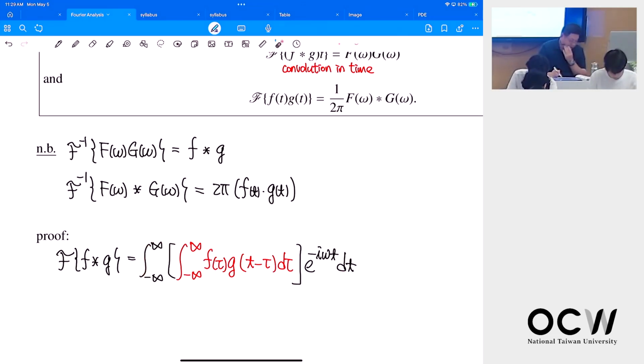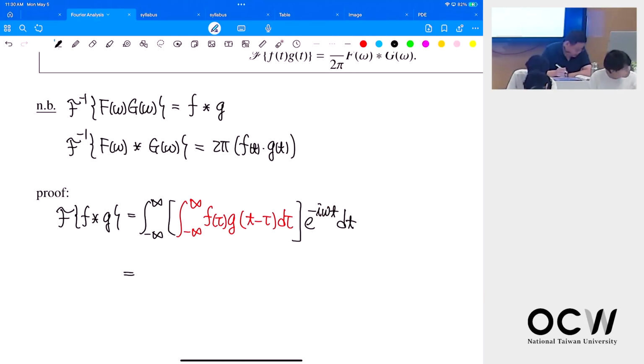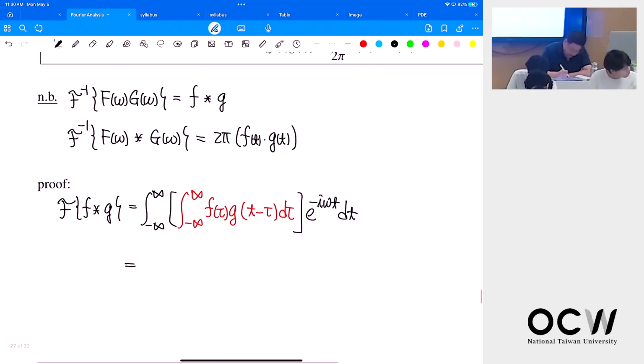We can consider taking the integration with respect to t first, and then doing the d tau. So here let's reorder the terms inside.